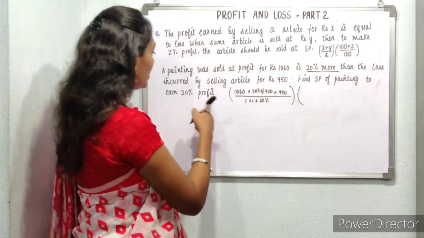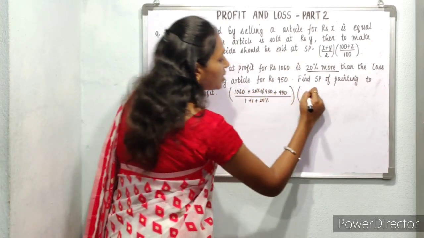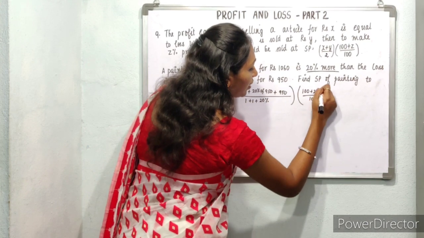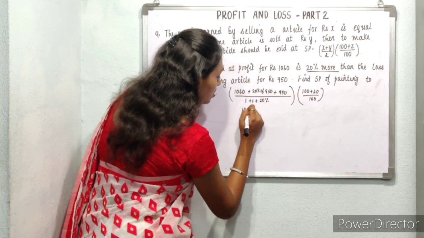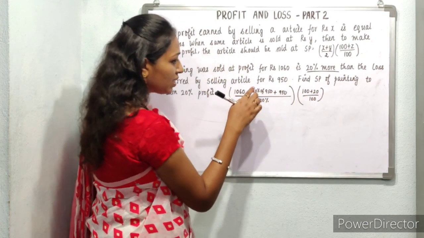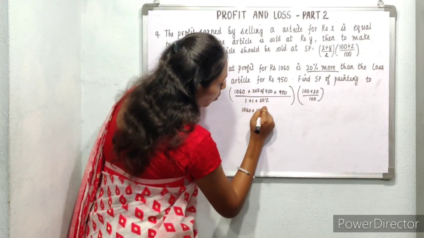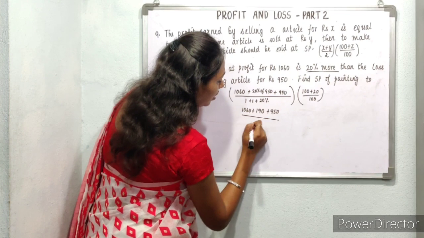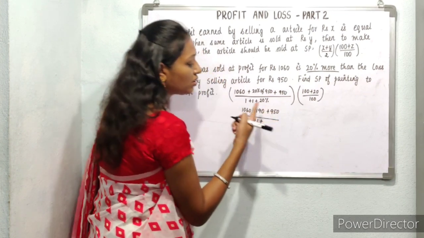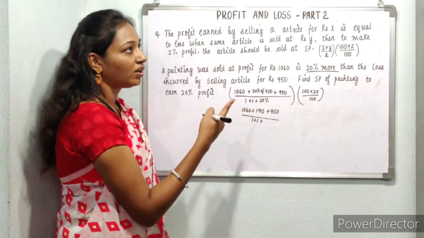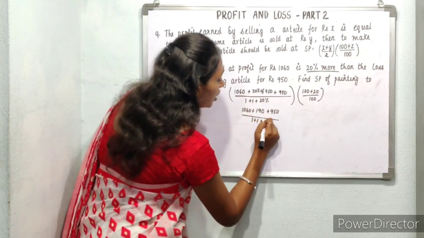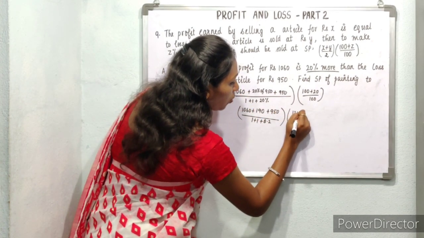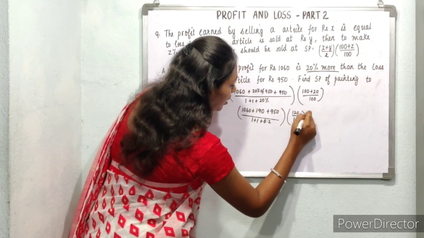So we have 100 plus z, profit is 20%. So 100 plus 20 divided by 100. So we have 1060 plus 20% of 950, you will get 190 plus 950, divided by 1 plus 20%. 20% is 20 by 100, so we'll have 1 by 5. 1 by 5 is 0.2. 0.2 into 120 divided by 100.